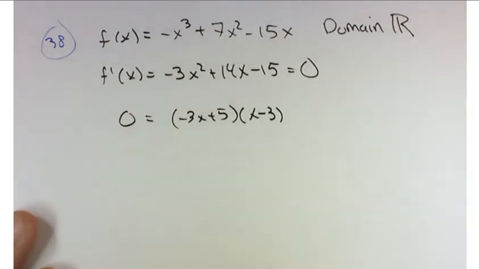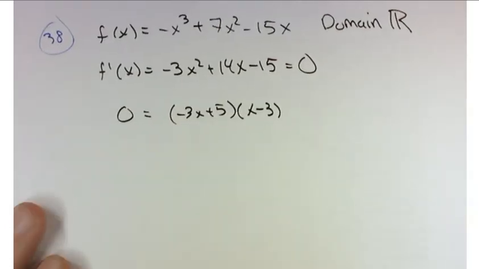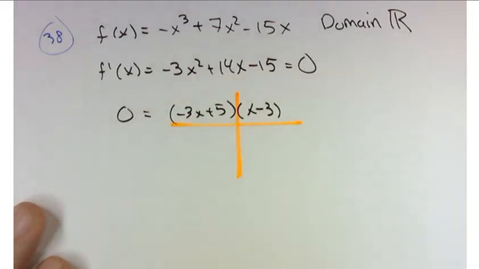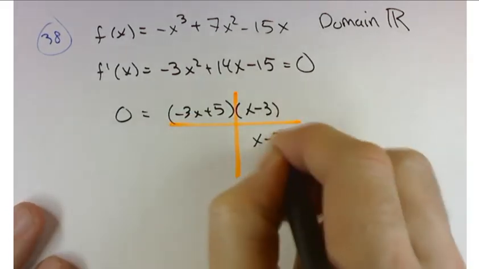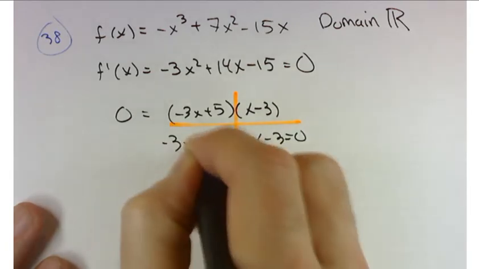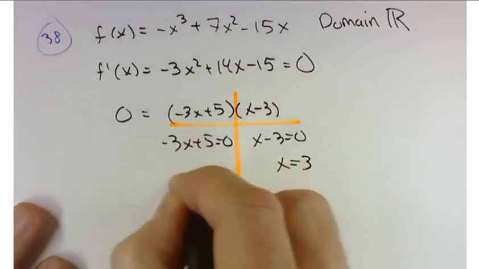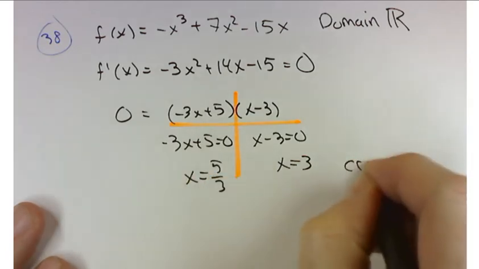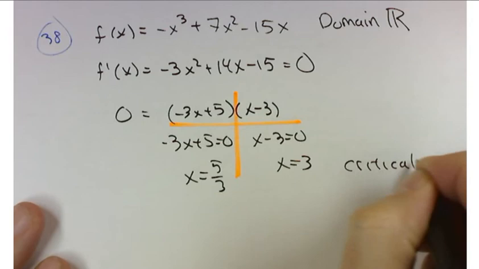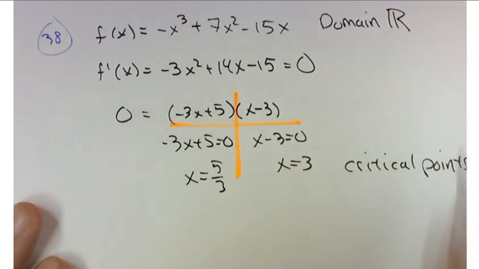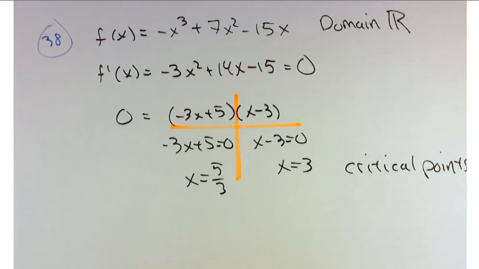So either x minus 3 equals 0, in other words, x equals 3, or negative 3x plus 5 equals 0, which gives us x equals 5/3. So these are our critical points. We don't know if they're minimums or maximums, but something interesting is happening there. We just don't know what.